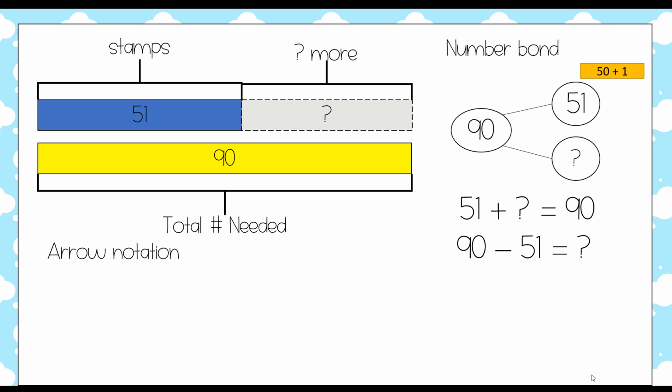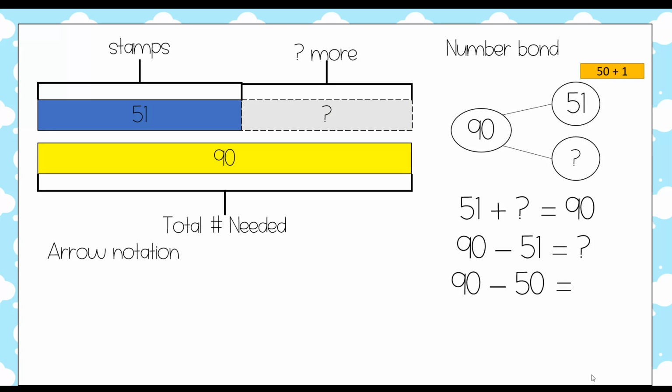Let's break our 51 down. It will be easier to do 90 minus 50. You can either count it out loud. If you have a hundreds chart, that's very useful in subtracting groups of 10. 90 minus 50. Do you know what 9 minus 5 is? Because that would make solving this pretty easy.